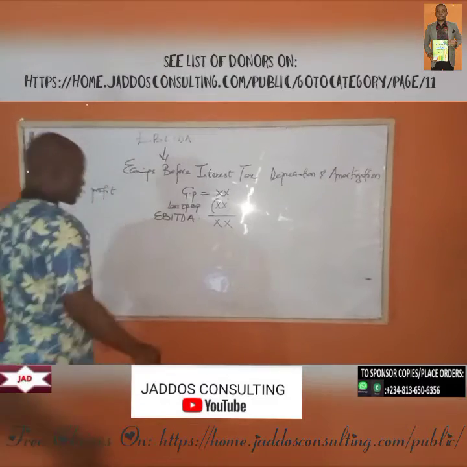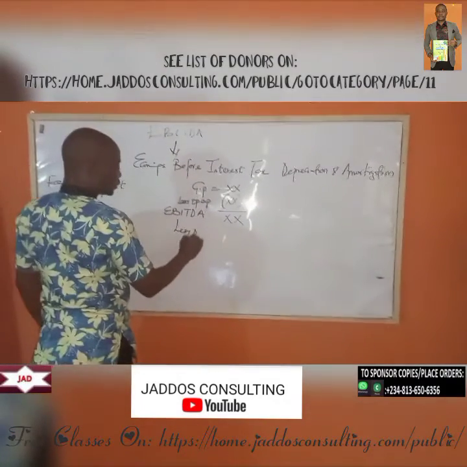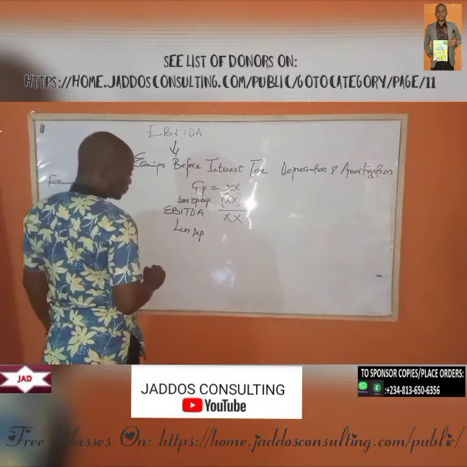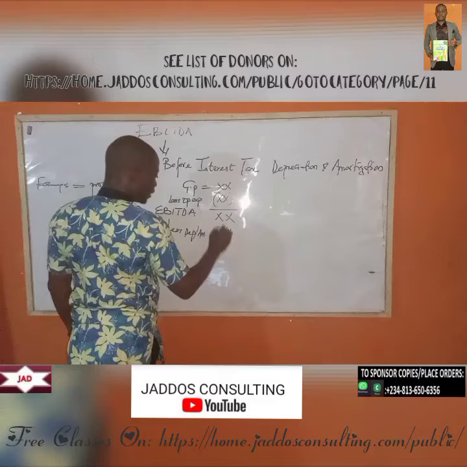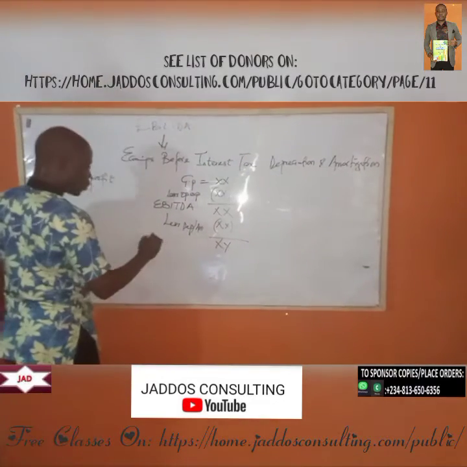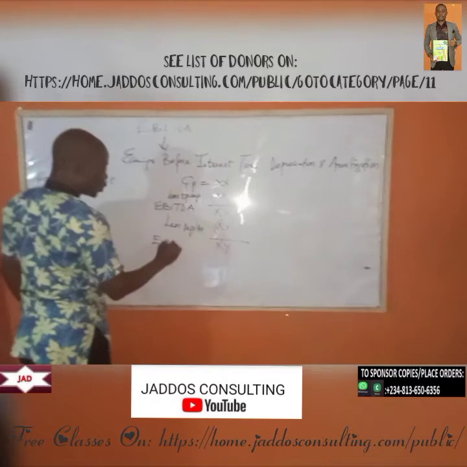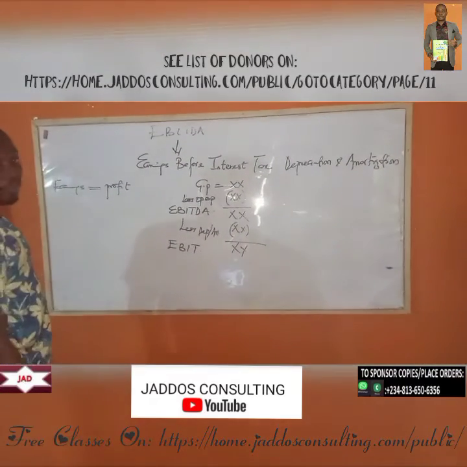So what do you now less? Your depreciation and amortization. When you take that out, this is an X amount that you now call earnings before interest and tax.